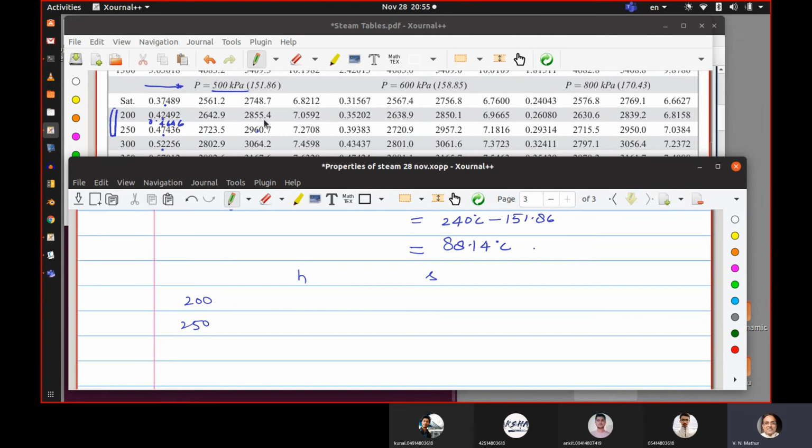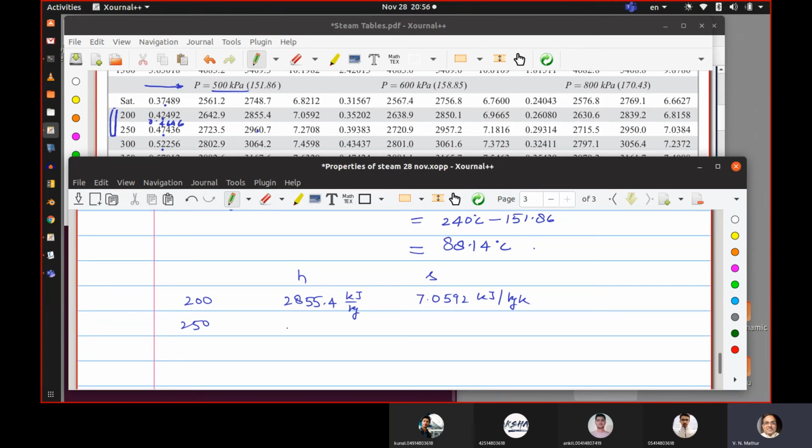So this column should be enthalpy: 2855.4 kilojoule per kg, and entropy 7.0592 kilojoule per kg Kelvin.